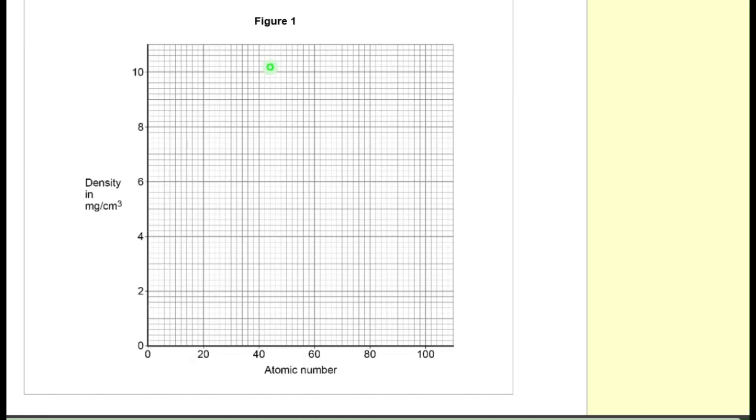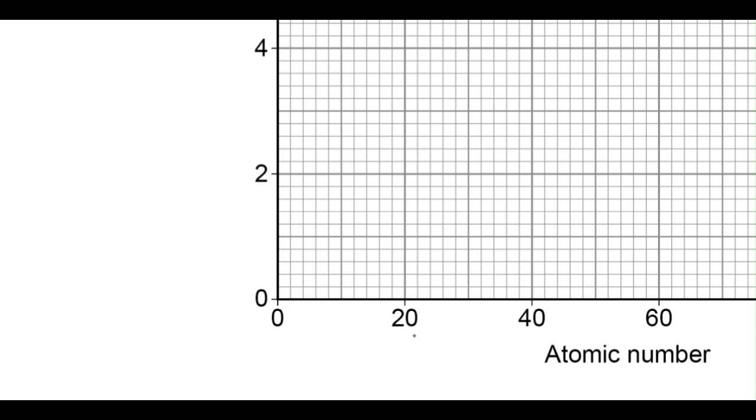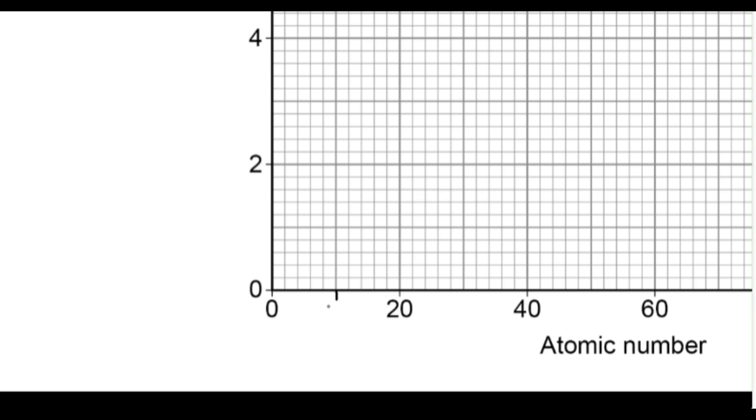So let's check our axes. We've got density up the Y, the vertical axis, and the atomic number is along the horizontal or x-axis. So let's zoom in on the scale and work out what each individual small gradation is. If we look at atomic number, if we look at this mark halfway between 0 and 20, that must be 10.